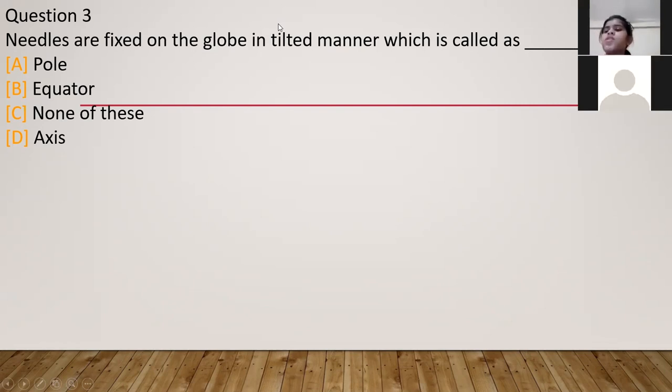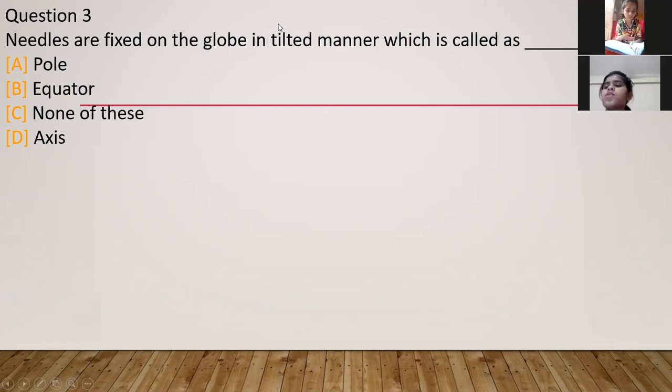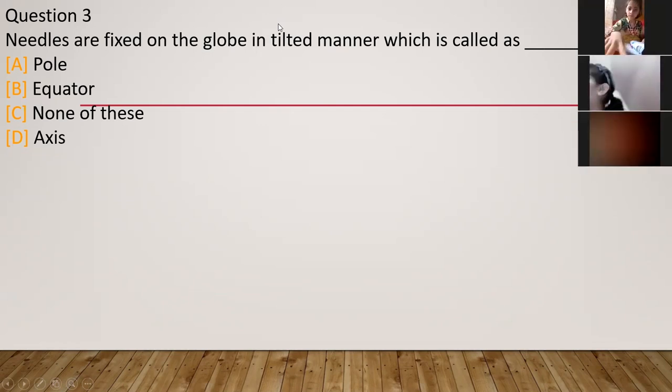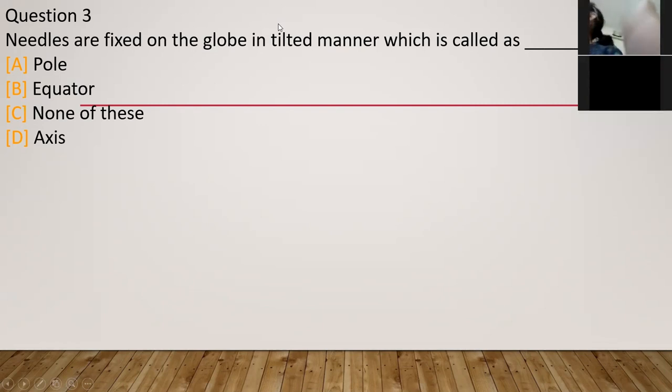The next is, can you define axis? We just did the quiz about it and we just had the explanation. Mehvish is here. Yes, can you define axis? Mehvish, you want to answer?